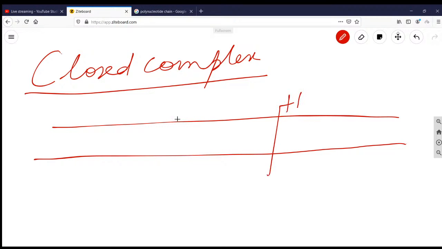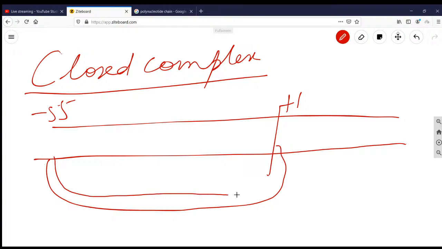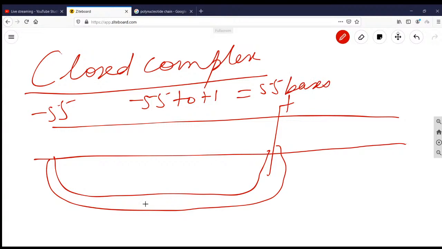This is the plus 1 first one, here is the minus 55, means still the UP element. So RNA polymerase will cover like this. So minus 55 to plus 1, almost 55 bases it covers. That is the role of the minus 55 region.